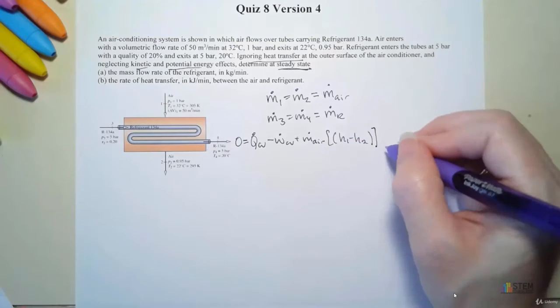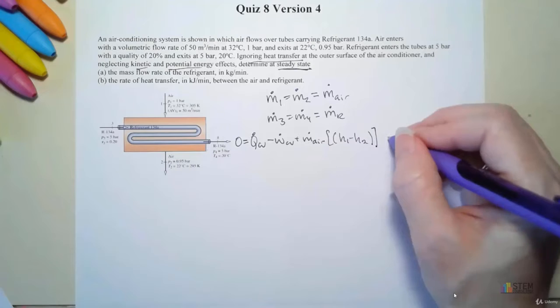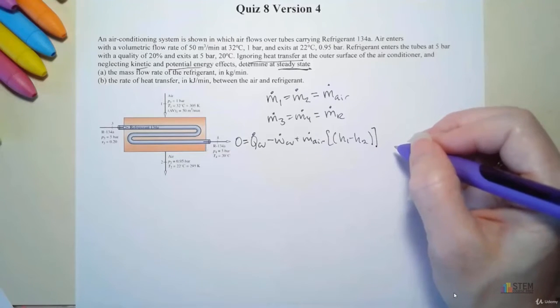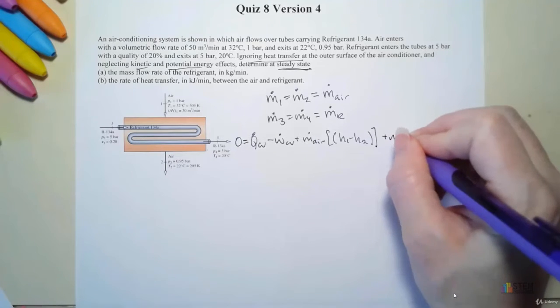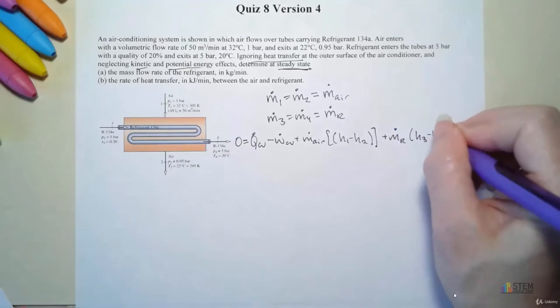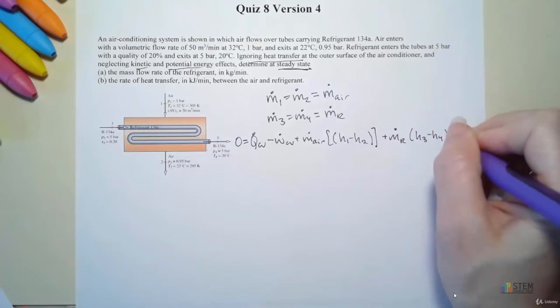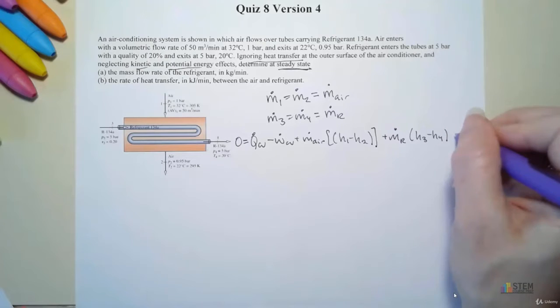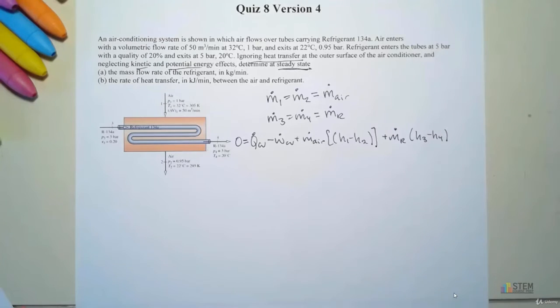And then you're going to have the same thing for the refrigerant. So I have plus mr dot times h3 minus h4. Alright, so now we've got that. And I can cancel out the kinetic and potential terms, so that's what we are left with.